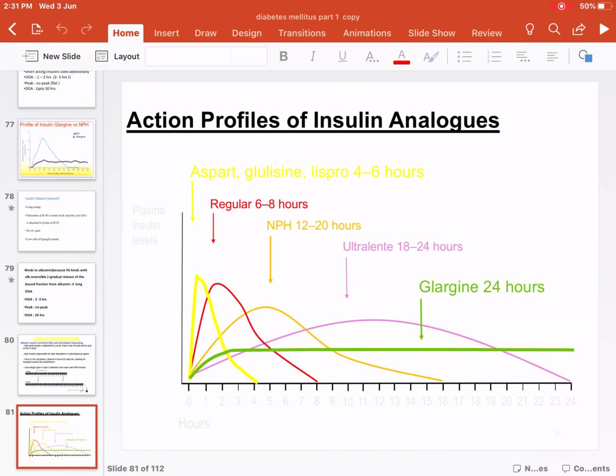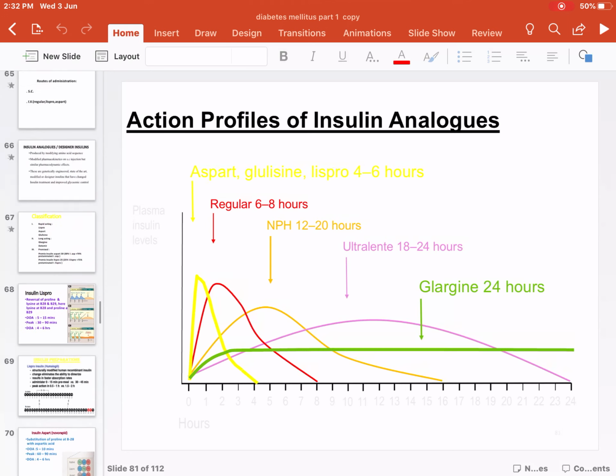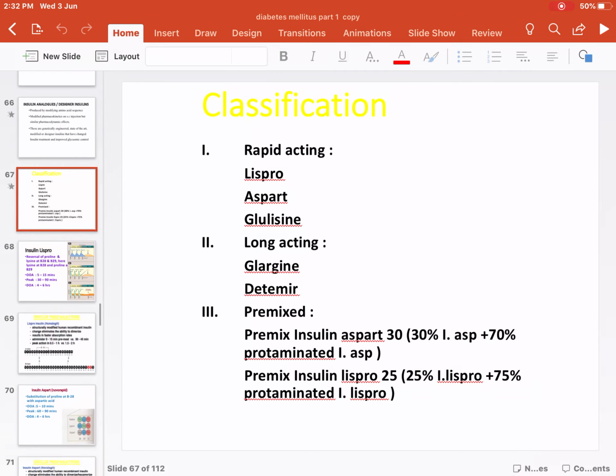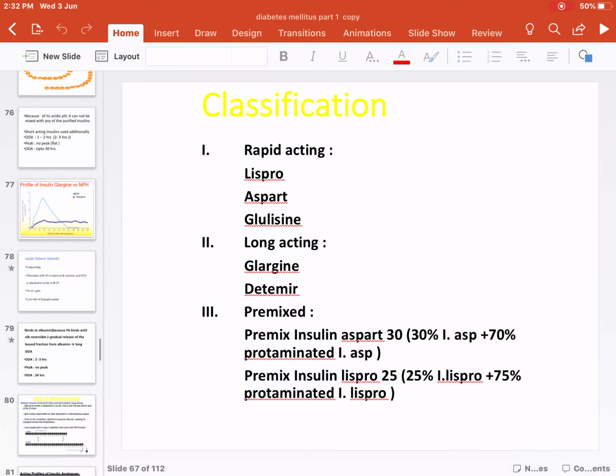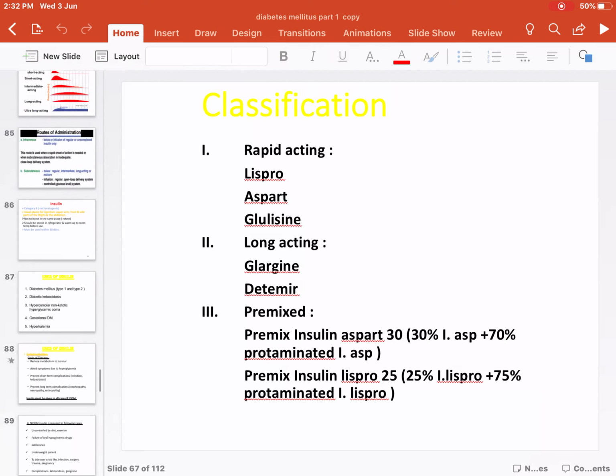So what are the insulin analogues we learned? We learned about aspart, glulisine, lispro, and the longer acting glargine and detemir. Now if we come back to the classification of insulins, let's just go through it again. How are insulins classified?